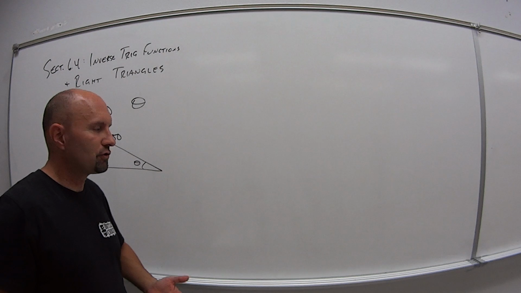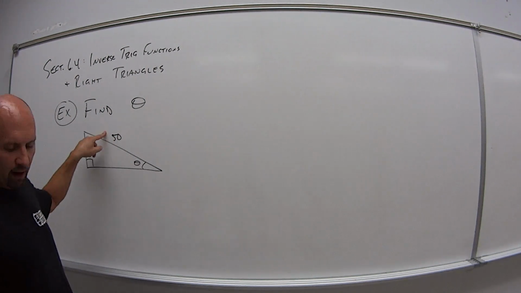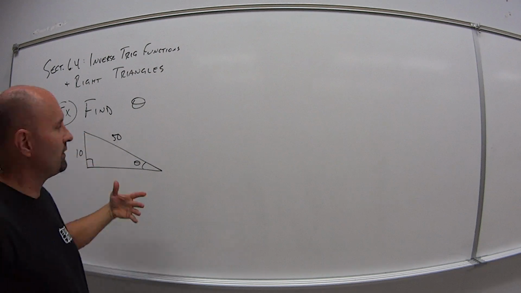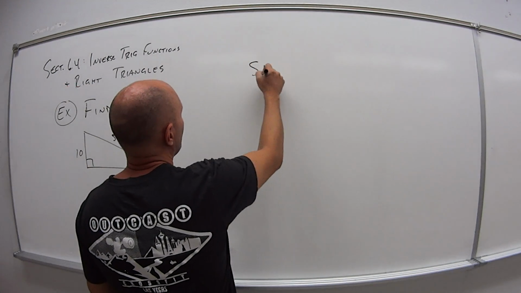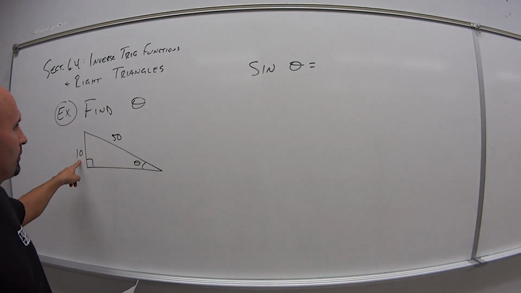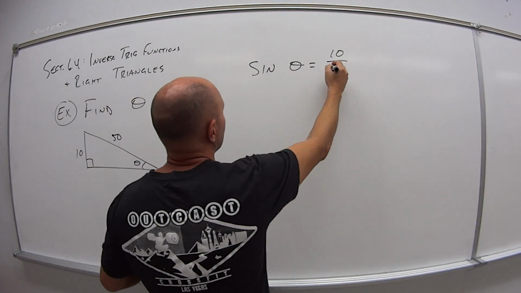Using our trig functions, what do we have? We have opposite from theta, and we have the hypotenuse. So opposite and hypotenuse would be what? That would be sine. So using these three pieces of information, we can set up the following equation. Sine of theta is opposite, which is 10, over hypotenuse 50.